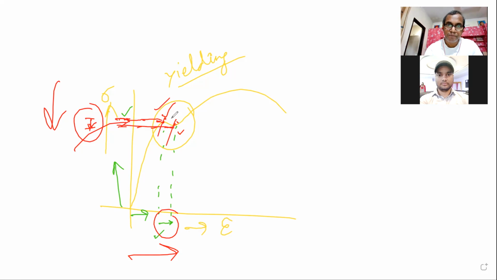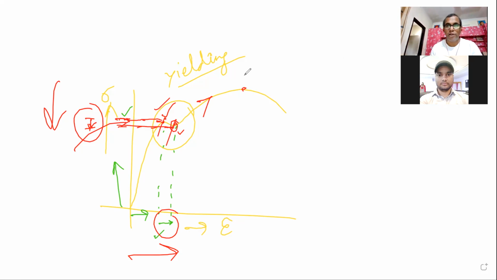From here, further deformation requires increasing the load. Okay, so this is how we can explain the stress strain diagram and yielding.